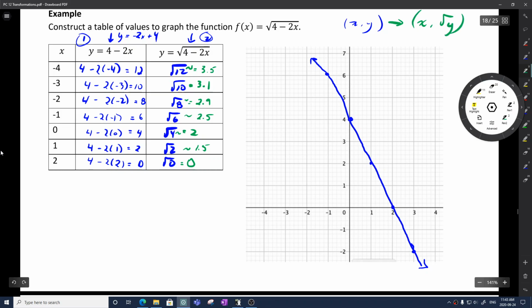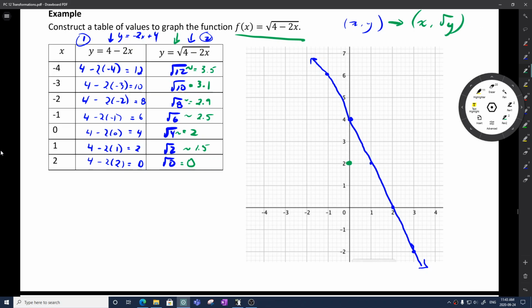So if I want to graph this function right here, all I simply have to do is to take the square root. So the square root of the y value here, square root of 4, is 2. Yay! I have 1 point on my new graph.